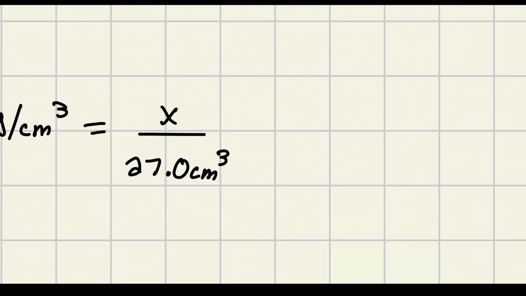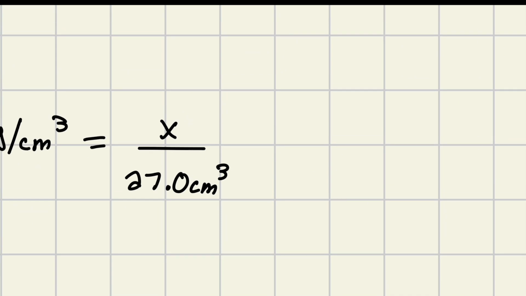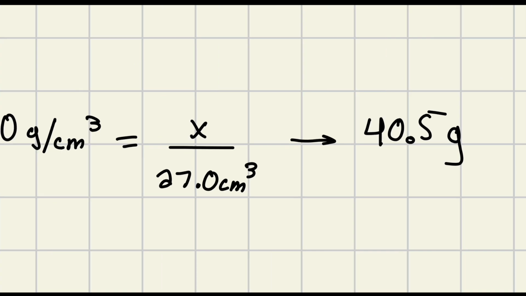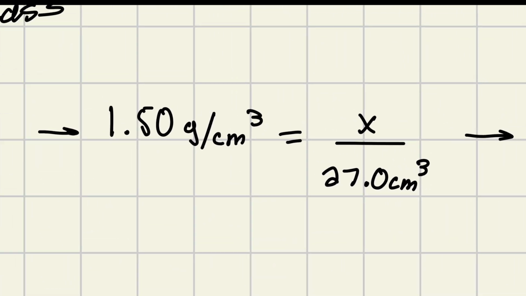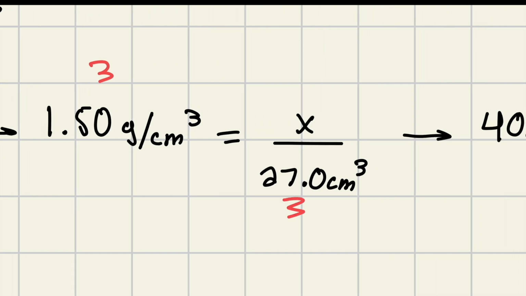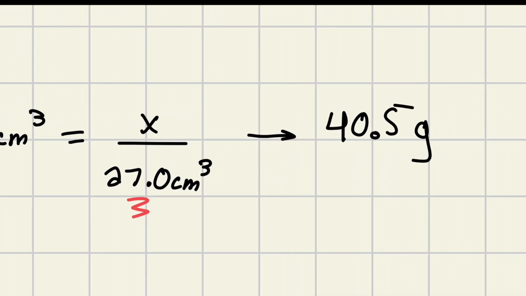All we have to do is just multiply the two numbers, and we will get 40.5 grams. Now, you also have to remember your sig figs, so let's double check. We have 3 here, we have 3 here. We multiply it, so we take the lowest number, which is still 3 sig figs.